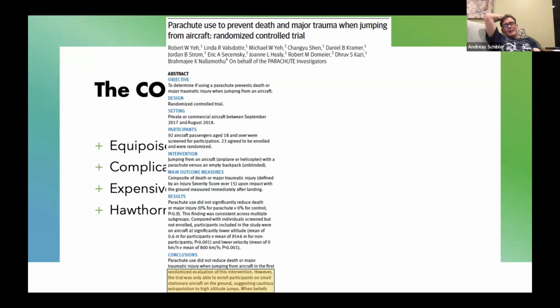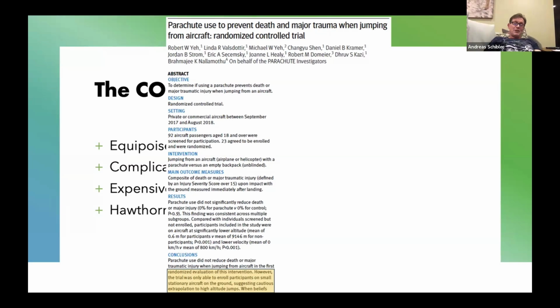And now in this trial, they showed that the survival with and without parachute was equal. Oh, surprise. And the reason was that the airplane never took off. They jumped off the aircraft while stationary on the tarmac. So you see that if you don't define your primary outcome well enough and have a good understanding how you want to achieve it, you can have a negative trial.